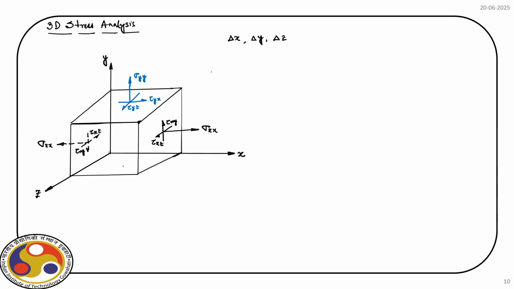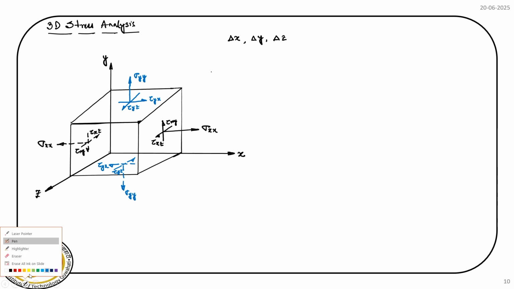Similarly, on this surface we have sigma yy and then here we will have tau yx and then this one is tau yz.